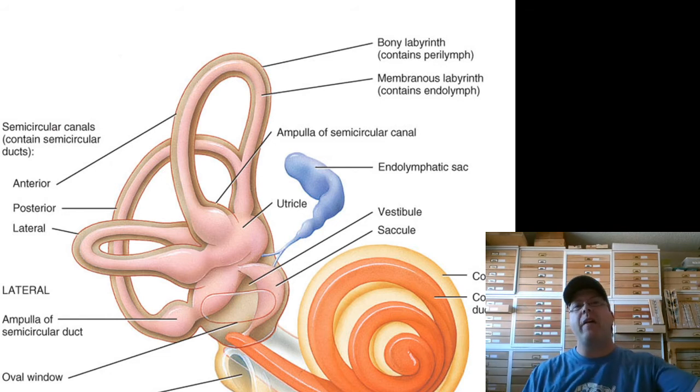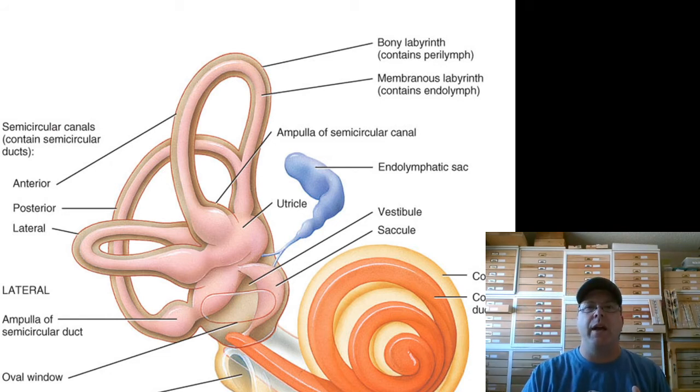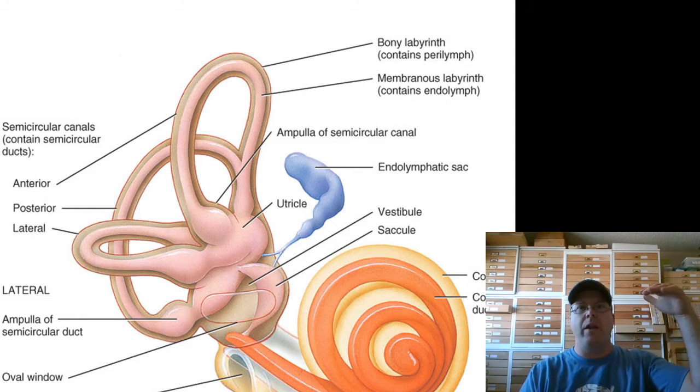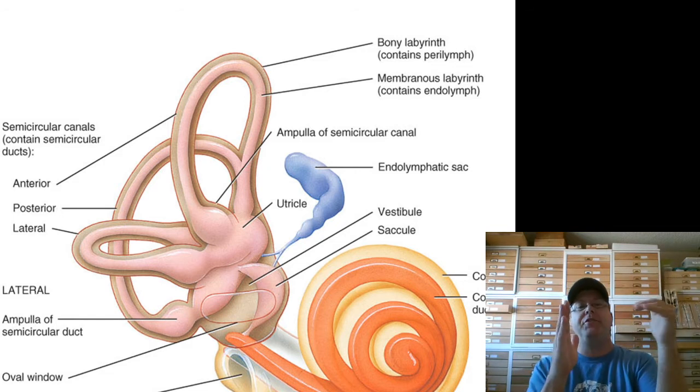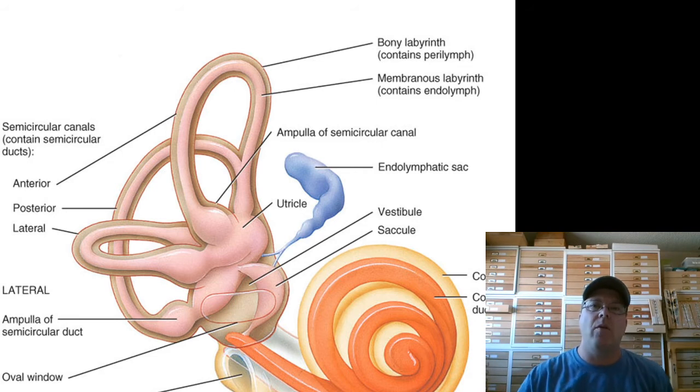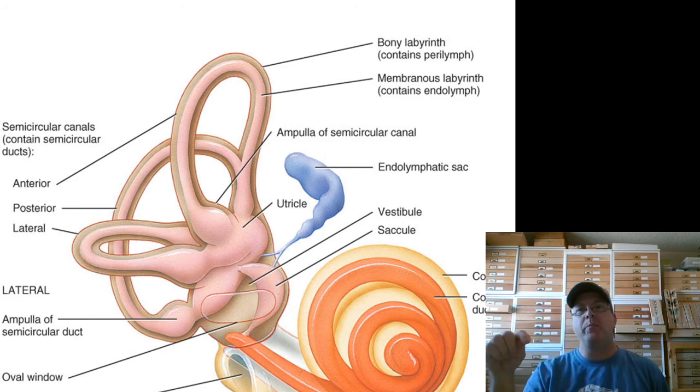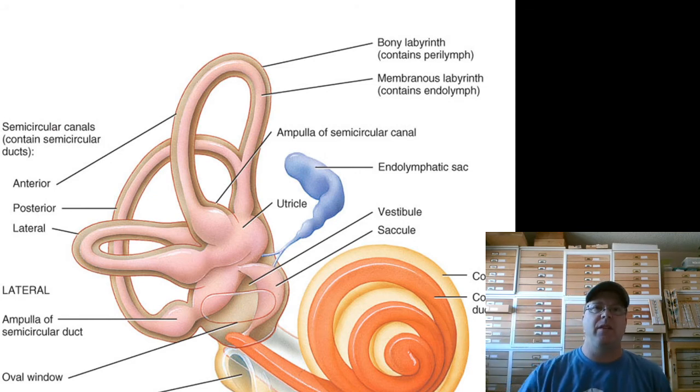If the sound vibration coming in is, let's say, a note in C or a note in F, that pitch is going to hit the organ of Corti in a specific place, kind of like playing the key on a piano. And then that pitch that's picked up by the organ of Corti is going to be turned into an action potential that's then going to be sent to the brain.